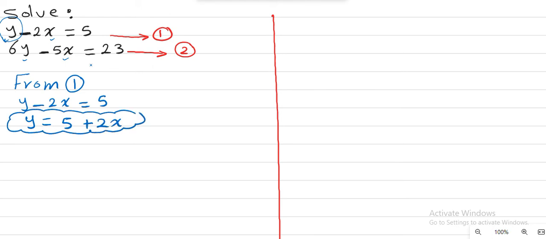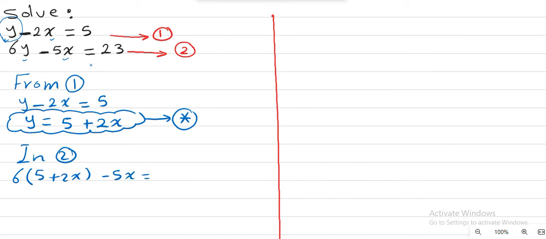We'll name this equation star and put the value of y, 5 plus 2x, in equation 2. So in equation 2, 6 multiply, put the value of y in its place, 5 plus 2x, minus 5x equal 23.